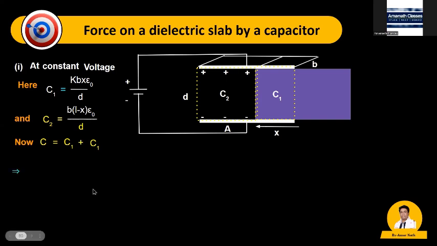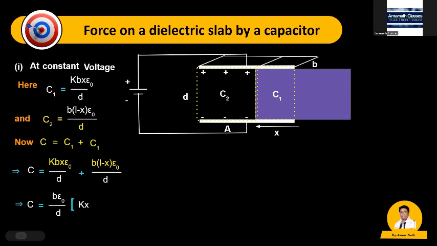Let me add it now. C is equal to K B X epsilon naught by D plus B (L minus X) epsilon naught by D. Now what is common? B epsilon naught by D is common.